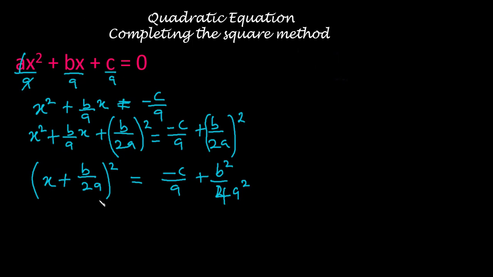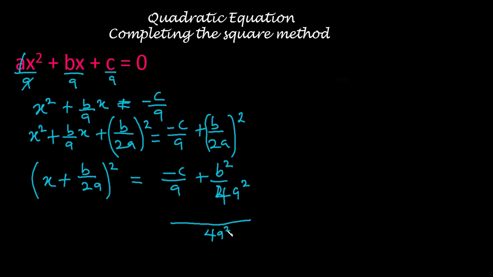Okay, so when we have that, we find the square root of both sides. First we find the LCM. The LCM is 4a squared.